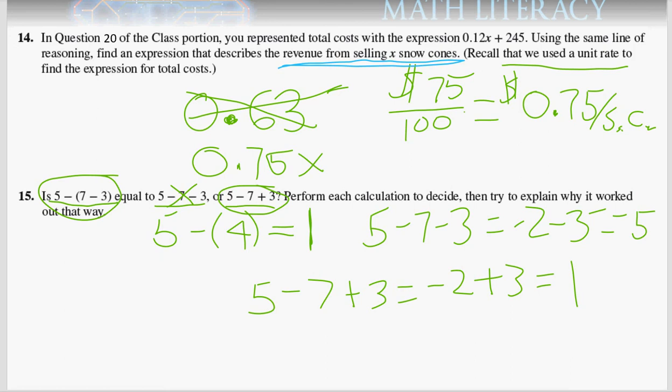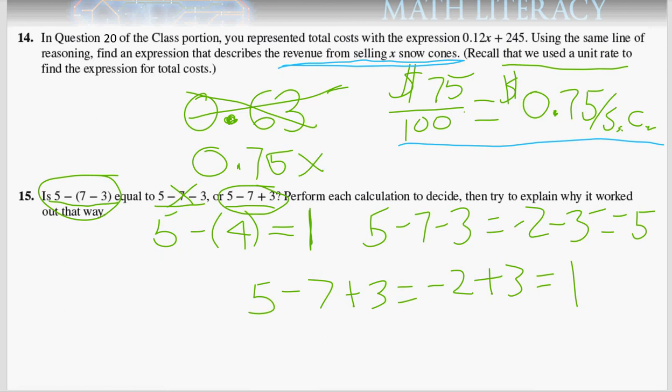And we decided that we were going to calculate the revenue. We figured out that each snow cone was sold for 75 cents because 100 snow cones brought in $75. So we knew that the price of a snow cone was 75 cents. We were going to multiply 75 times the number of snow cones.